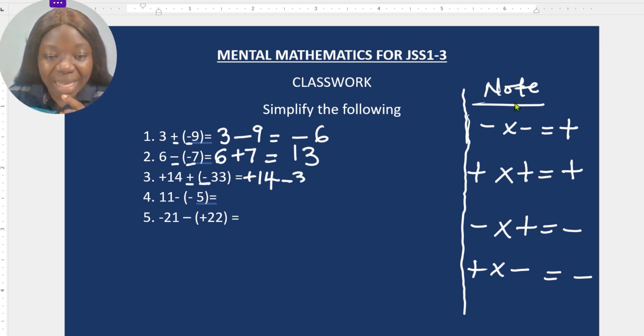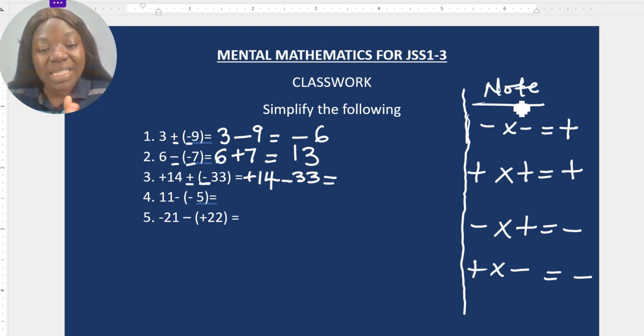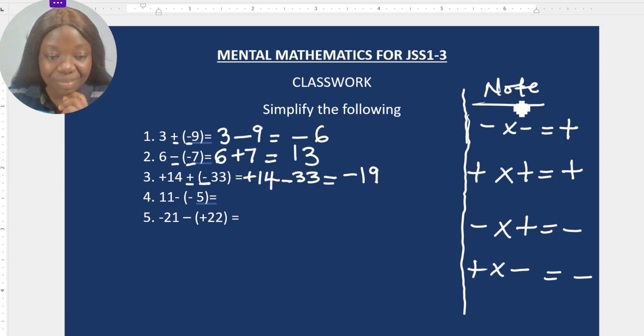Then I have 33. So plus 14 minus 33 will give us a negative answer. So what is 14 minus 33? The answer is minus 19.